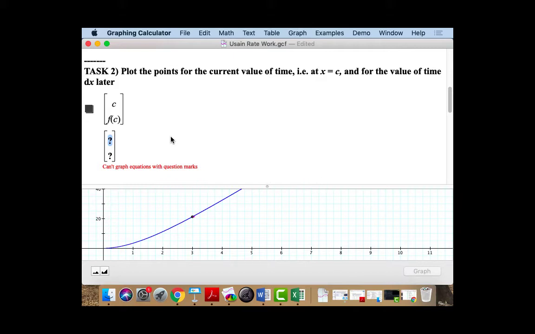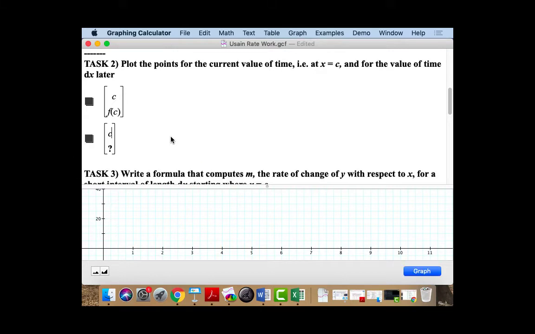What would I put for x to make a second point that's dx later than x equals c? c plus dx. All right. So it's like 3 plus a little bit is what's going to show up on here. But to be more general about it, if I put c plus dx, and notice when you type in dx, it was already defined up above.